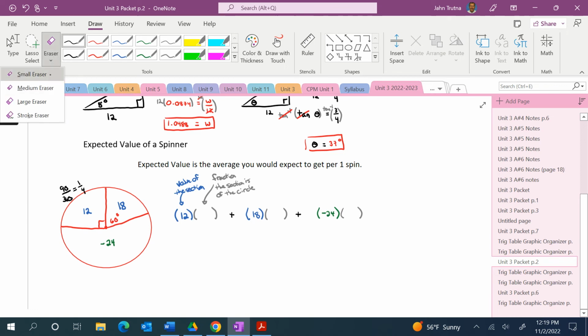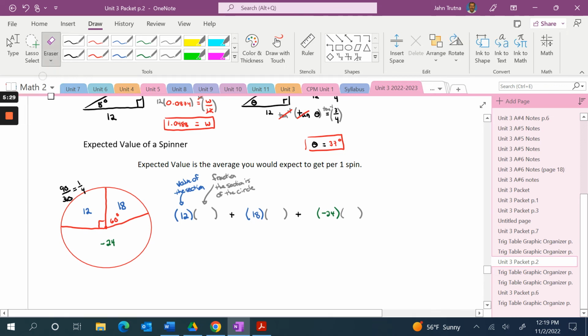It's easiest when you're doing expected value to simplify the fractions as much as possible. We multiply those two values together. 12 times 1/4 is 12/4, which simplifies to 3.